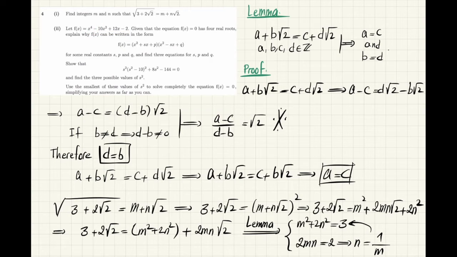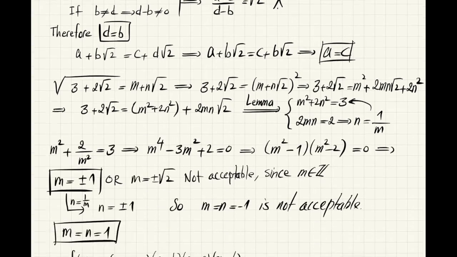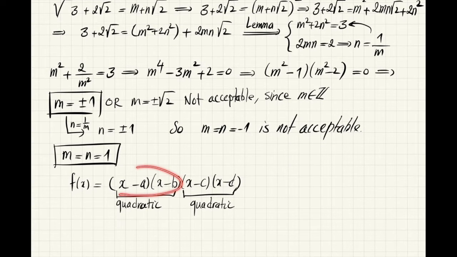So the coefficient of x to the 3 in this fourth degree polynomial is 0. And this will imply that in this factorization, this quadratic polynomial and that quadratic polynomial should be in a way that the coefficients of x from this one and from that one should be opposite to each other.